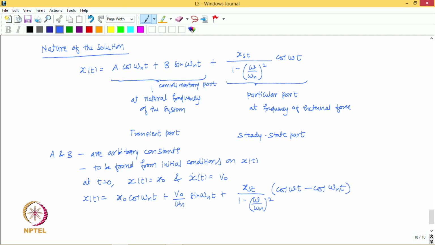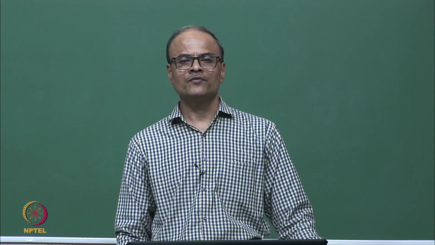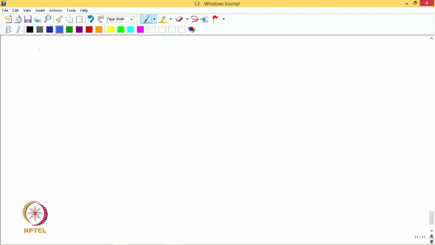Now, because the transient part, the complementary part, is going to die out because of the damping, it is only the steady state part due to the external force that is going to be left. So, let us try to study what is the amplitude of the steady state part of the response. So, let us study the particular part or steady state part of the response.